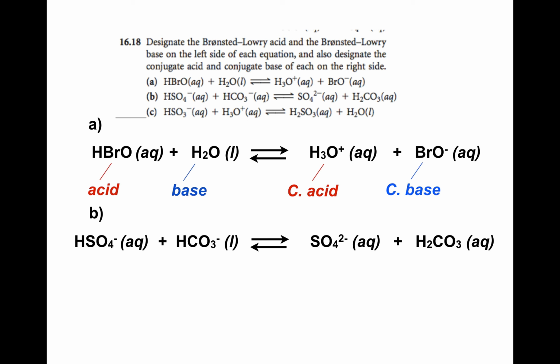If I'm looking at hydrogen sulfate reacting with bicarbonate to form sulfate, hydrogen sulfate's losing its H, so it's acting like the acid. Therefore, hydrogen carbonate is acting as the base. The conjugate acid of hydrogen carbonate is carbonic acid, and the conjugate base of hydrogen sulfate is sulfate.